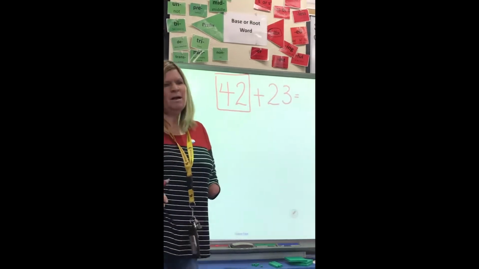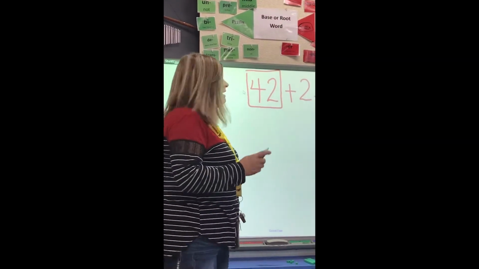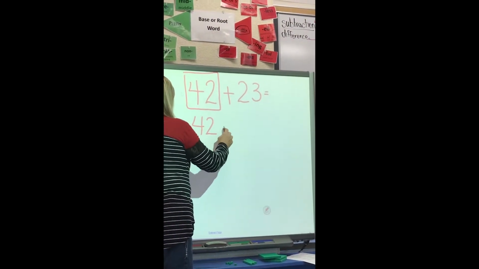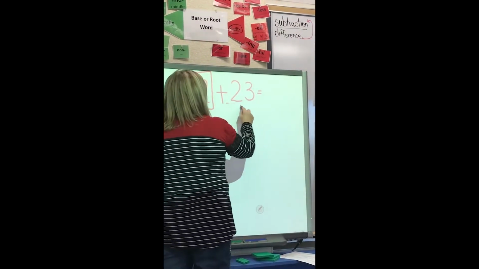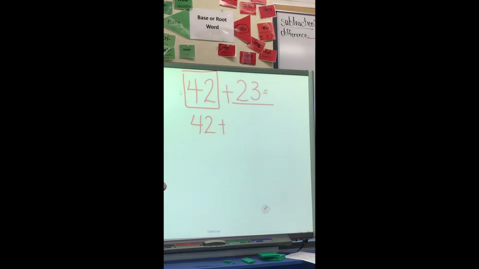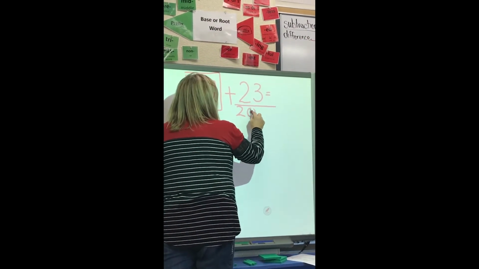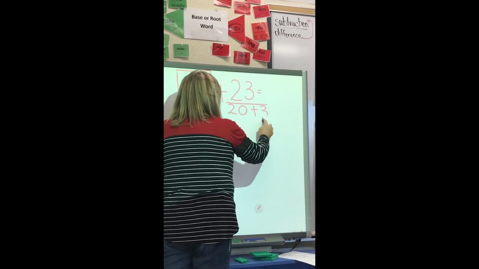We never want to decompose or write that number in expanded notation. So we just bring it down and write 42. The second number, or the smaller number, is the number that we need to decompose or write in expanded notation. And we know that this represents 2 tens, which is 20, and a 3.